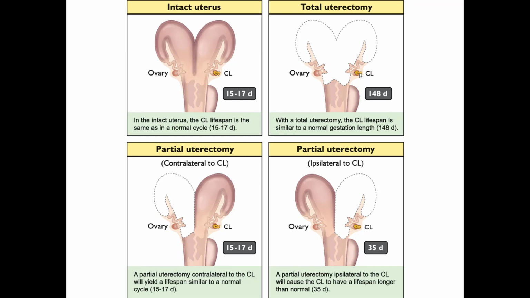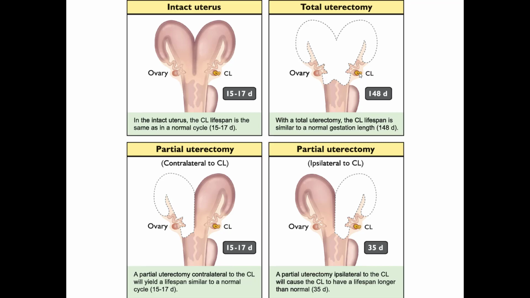In another set of sheep, the CL was still on the right ovary, and we did a partial hysterectomy, removing the uterine horn and uterine material on the opposite side from the CL, so contralateral.